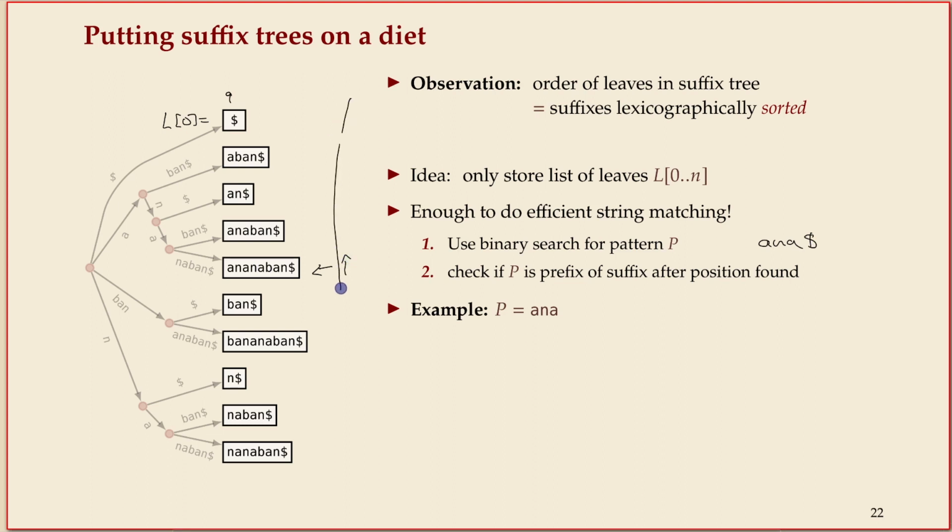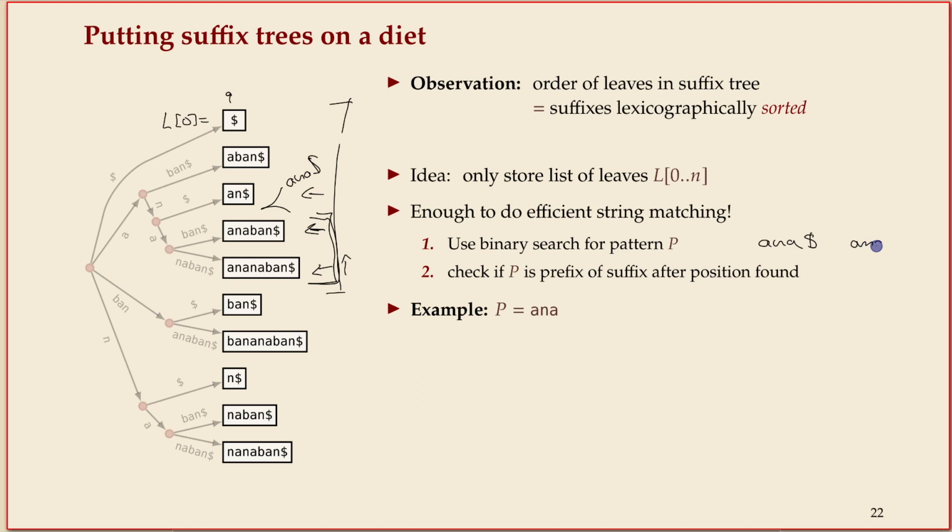So now instead of the whole range, I have this as the range of possibilities for the binary search. I compare it with the middle one. A-N-N-A and dollar is smaller. So now I'm in this range. And I would do another comparison here. So I would find that if Anna dollar was in this list, it would go between those two.